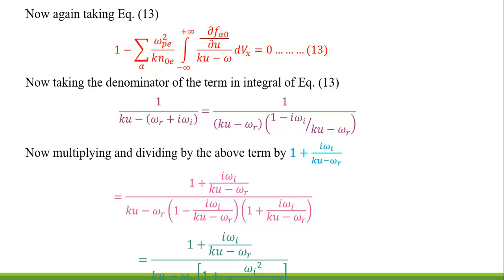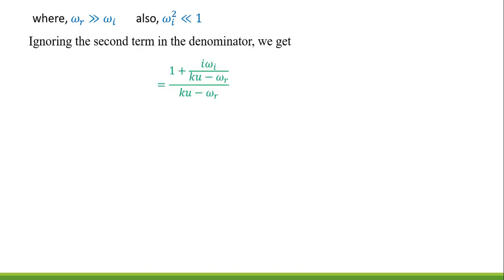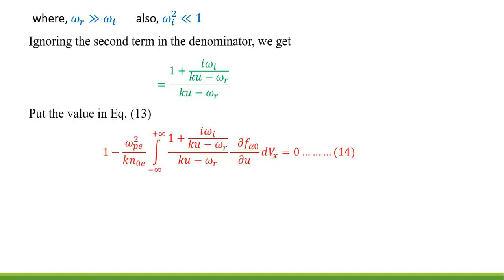So the square of the imaginary term can be ignored here, and we will ignore this combination. Yes, this is the condition I have mentioned here, that omega real is much more than omega imaginary, so omega imaginary square will be much less than 1. So I'm going to neglect that part, and the denominator will be simply left as expressed here.